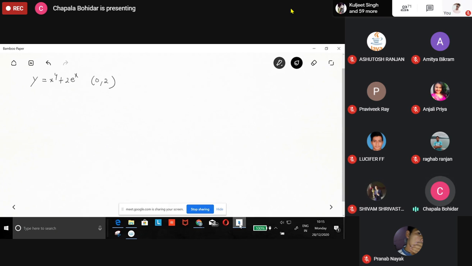So according to the definition, y dash at the point is the slope of this curve, the slope of the tangent. So y dash is equal to d by dx of x to the power 4 plus 2 d by dx of e to the power x, that is equal to 4x to the power 3 plus 2e to the power x.